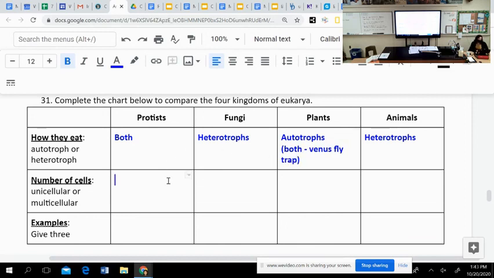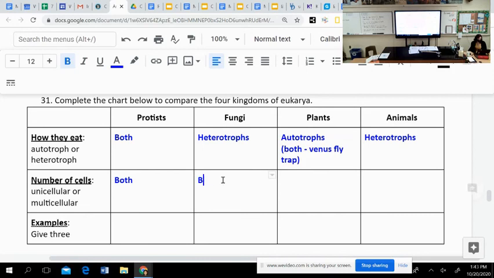Number of cells for protists. What do we got? Unicellular, multicellular, or both? Both. What about fungi? Multicellular. Or did you say most were? Okay.